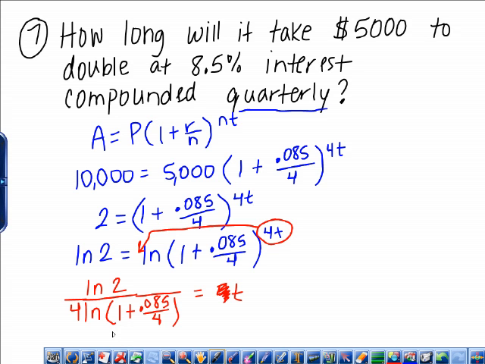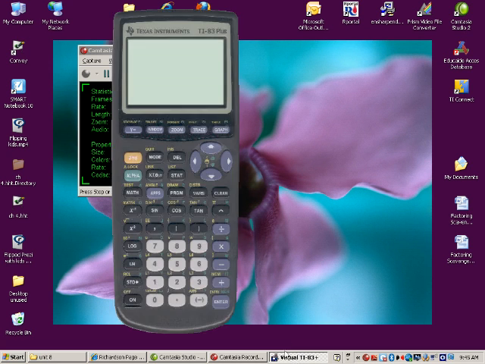Okay, so let's type this into our calculator. All right, so we have natural log of 2. I'm going to actually put all that in parentheses.